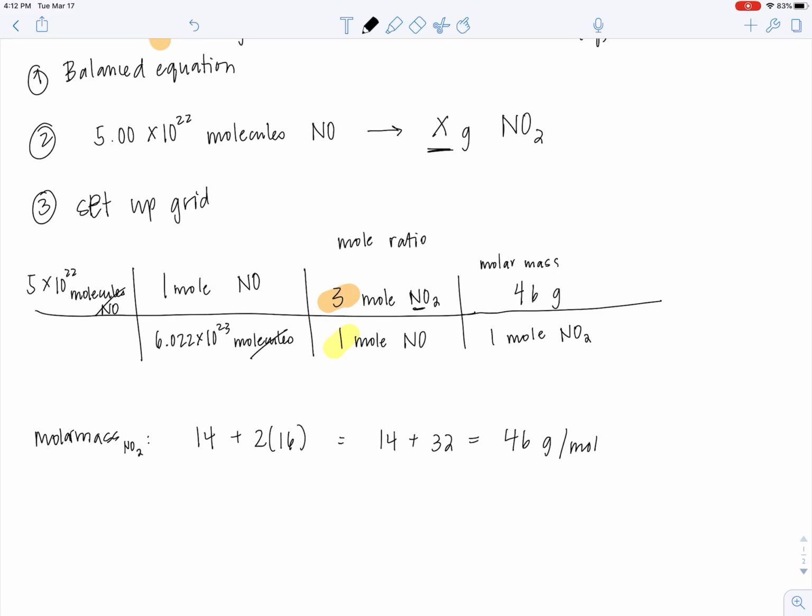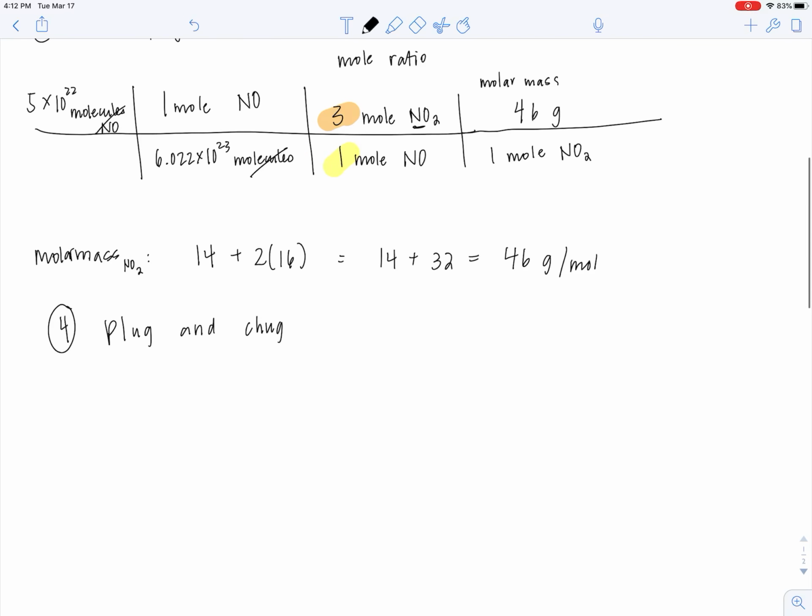Now my step 4 is to plug and chug. So I have 5 times 10 to the 22nd divided by 6.022 times 10 to the 23rd times 3 times 46.